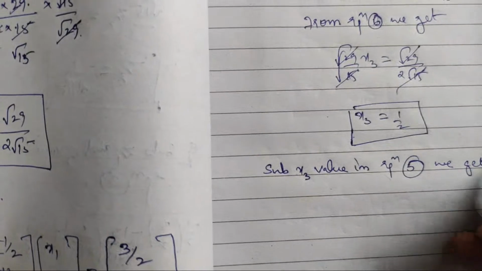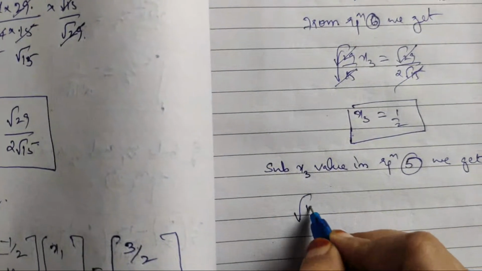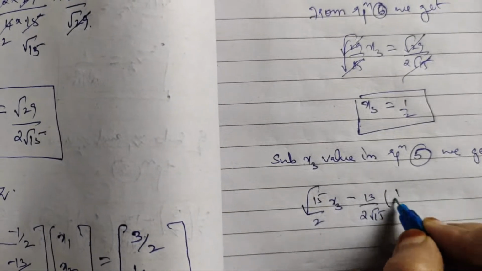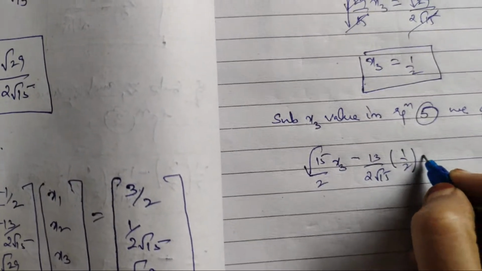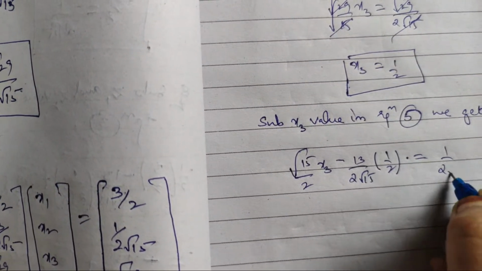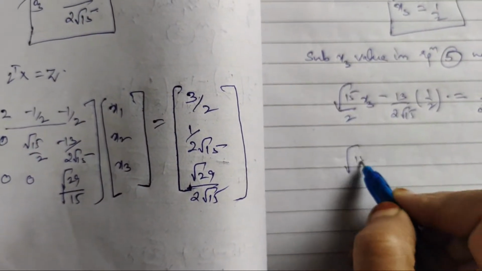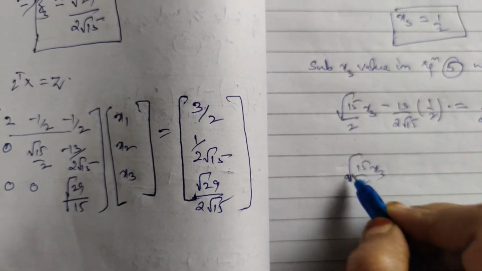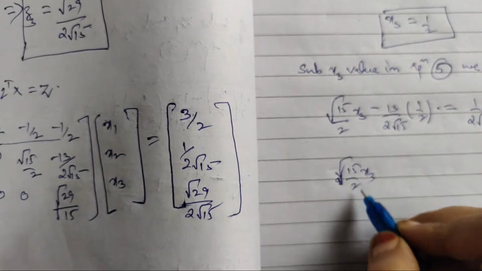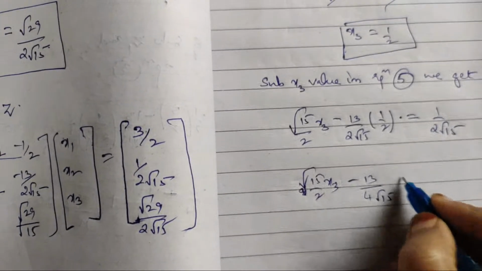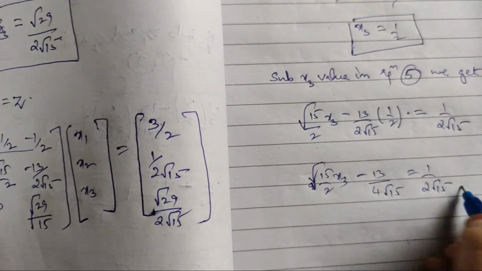We get root 15 by 2 x2 minus 13 by 2 root 15 times the x3 value, which is 1 by 2, which is equal to 1 by 2 root 15.